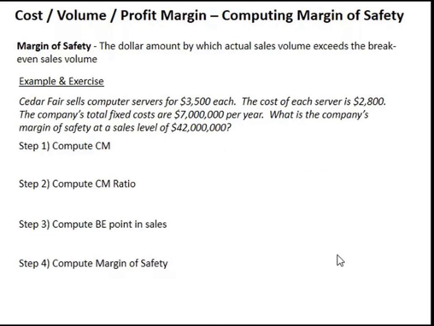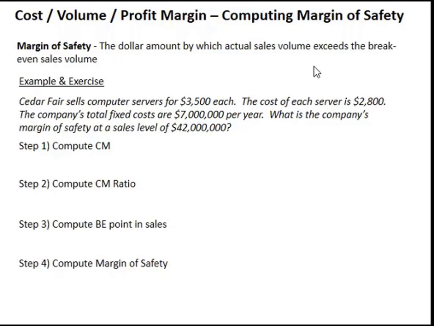The next area we need to deal with is what we call computing a margin of safety. And the margin of safety isn't really that difficult to compute. It's basically the dollar amount by which our actual sales volume exceeds the break-even sales volume. So if we have a break-even sales volume of $50,000, that means we're not making money or losing money.